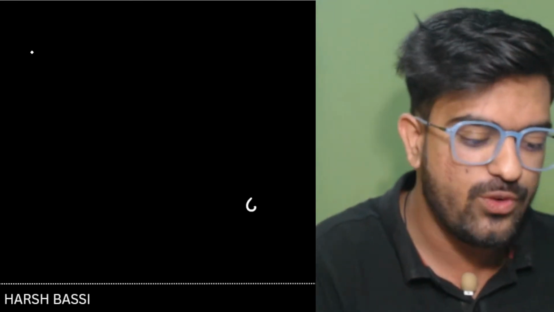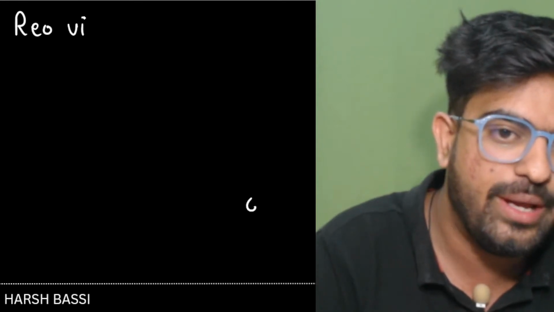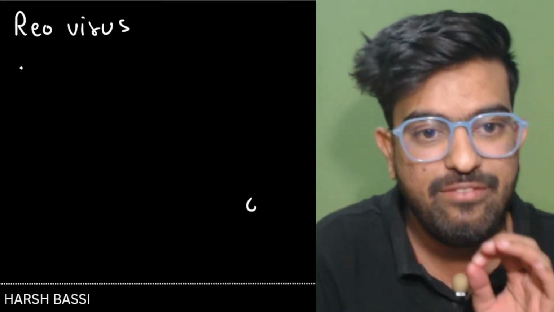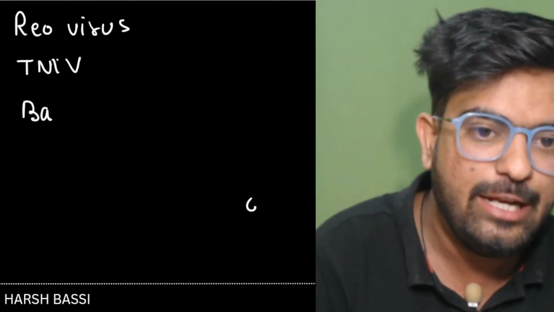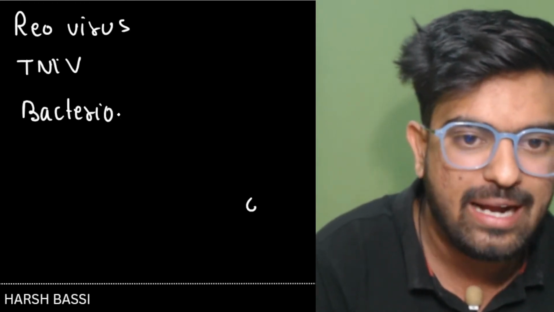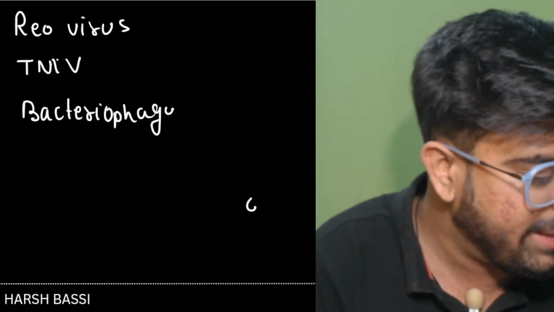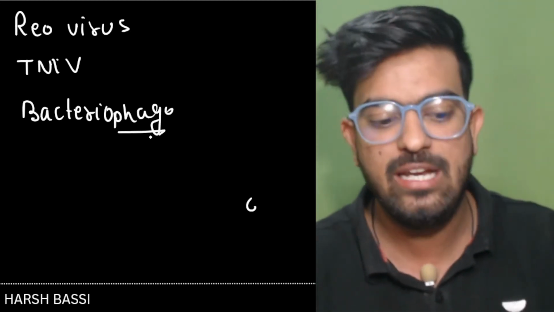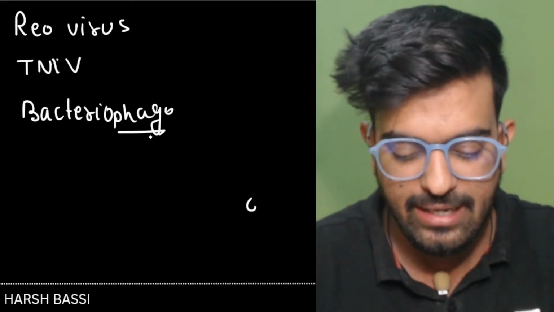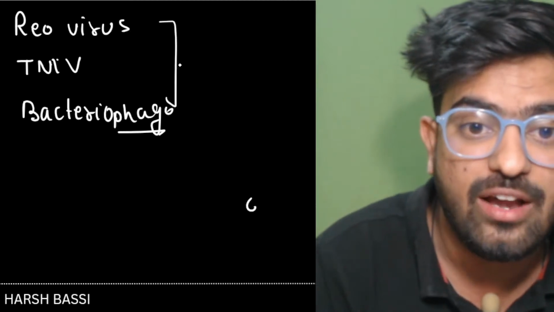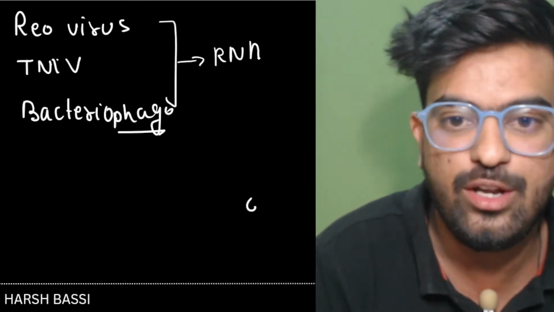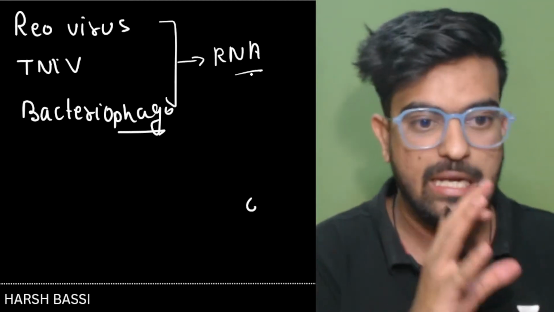In reovirus, in the TMV virus, which is tobacco mosaic virus, and in the bacteriophage, what is the genetic material? The genetic material in all of these is RNA. Yes, very good, Shavesh. Clear to everyone?